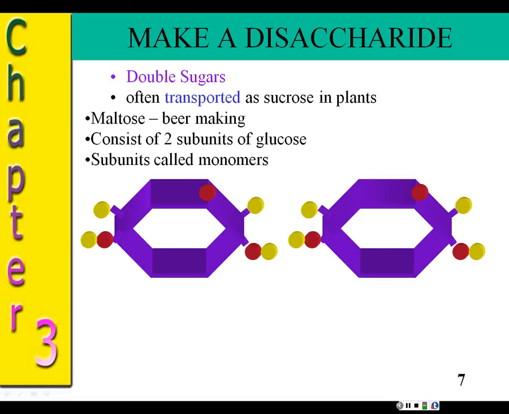We got a hydrogen, a hydroxyl group, we got a hydroxyl group, and we got a hydrogen. The type of bond that forms between these two, and I kind of messed up my drawing. Let me bring that down a little bit. There we go. Still kind of bad.